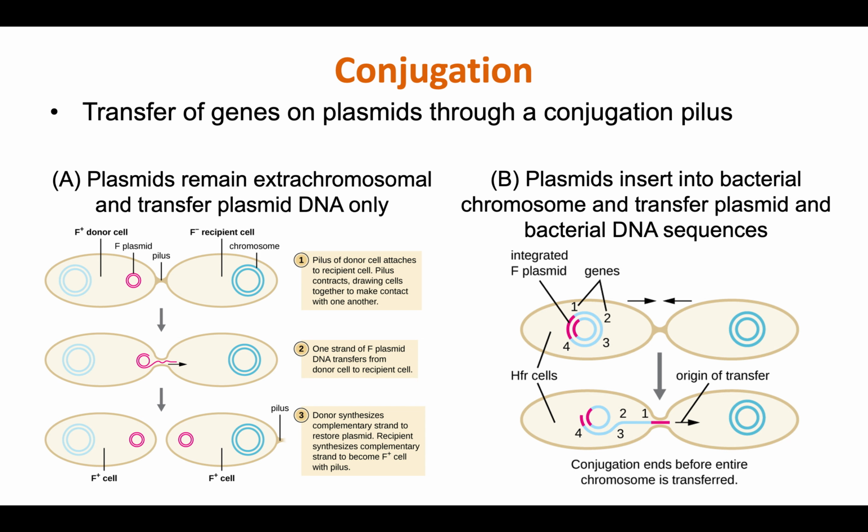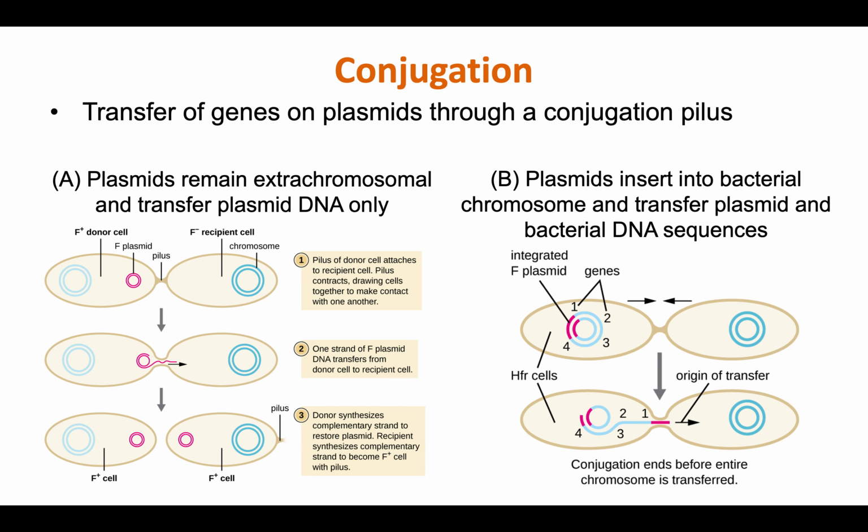Now there is another way in which conjugation also occurs, and this is when the plasmid is inserted into the bacterial chromosome. So in some cases those plasmids jump back into a chromosome.